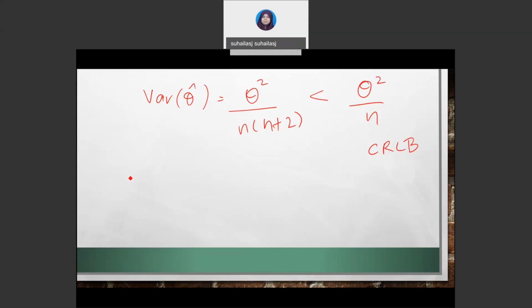So our conclusion: this indicates that the Cramer-Rao lower bound is not applicable for this question, since the variance of theta hat cannot attain the lowest value of your Cramer-Rao lower bound. That means variance of theta hat cannot attain the Cramer-Rao lower bound.